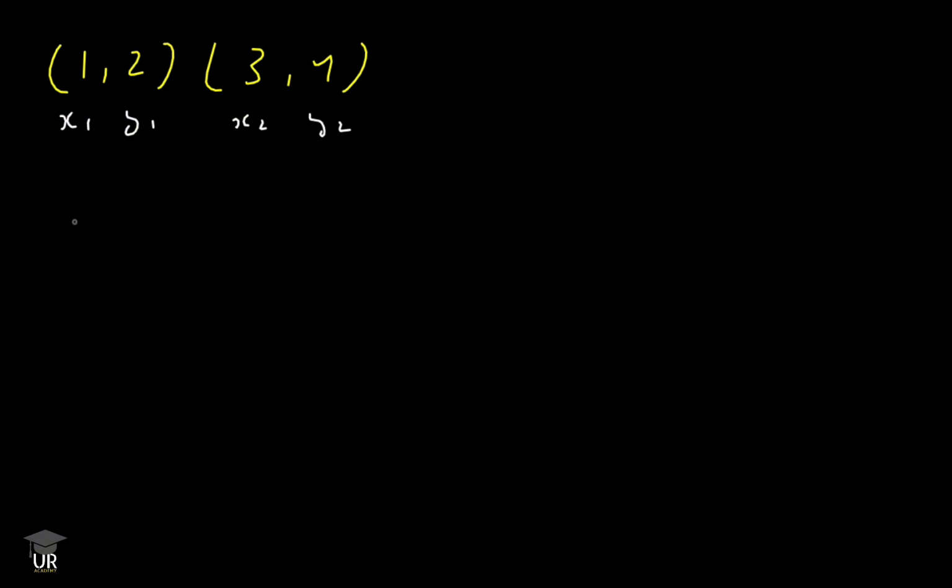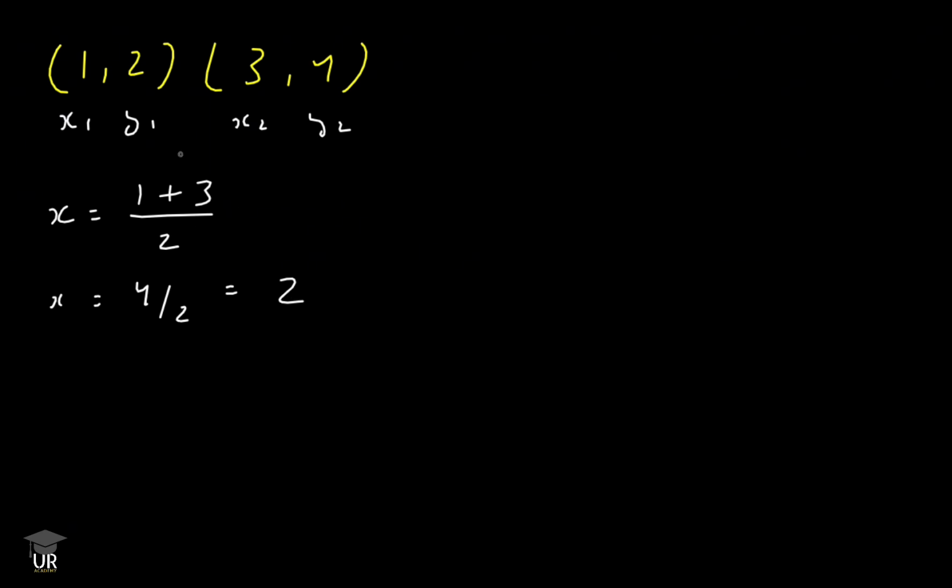So now we can use the formula. The x coordinate of the midpoint is x1 plus x2 upon 2. So that means this will be 1 plus 3 upon 2, which will become 4 upon 2, and this will be 2.